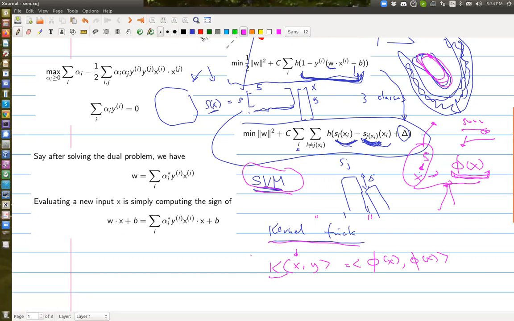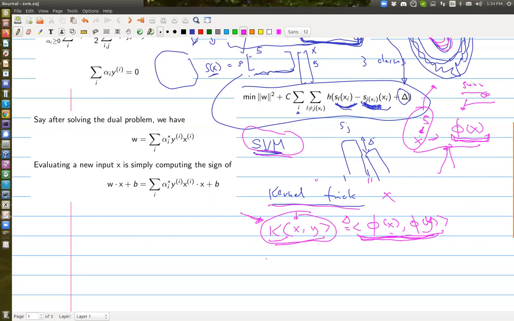Of course, this itself doesn't help much if we try to find the kernel by literally computing this. So the trick is that we don't actually compute phi. Most of the time, we don't care what phi is. We just define a kernel, and take it as if it is the inner product of x and y in the high dimensional space.